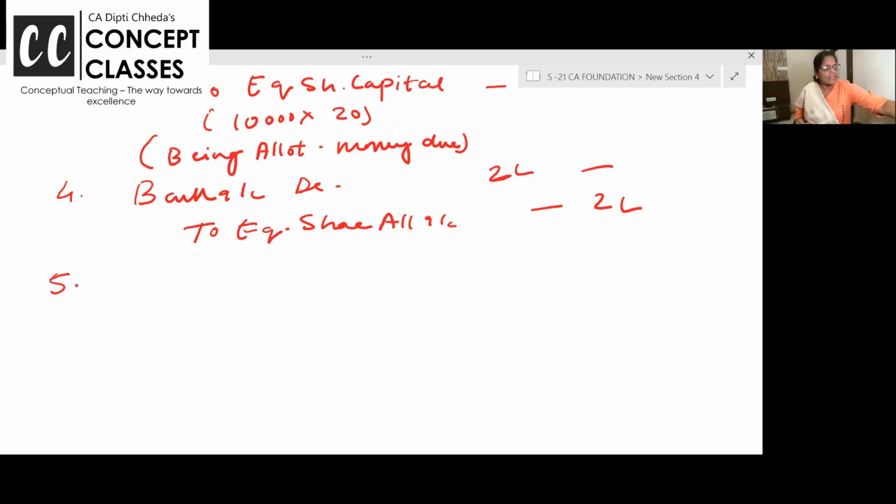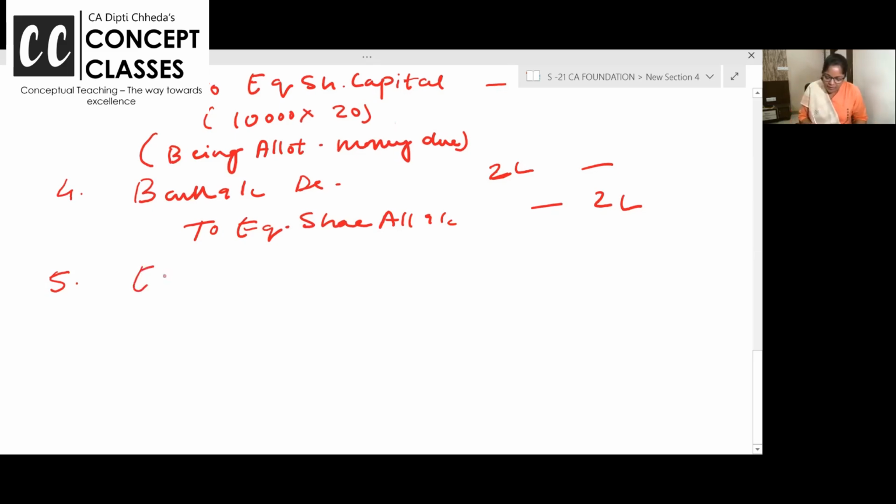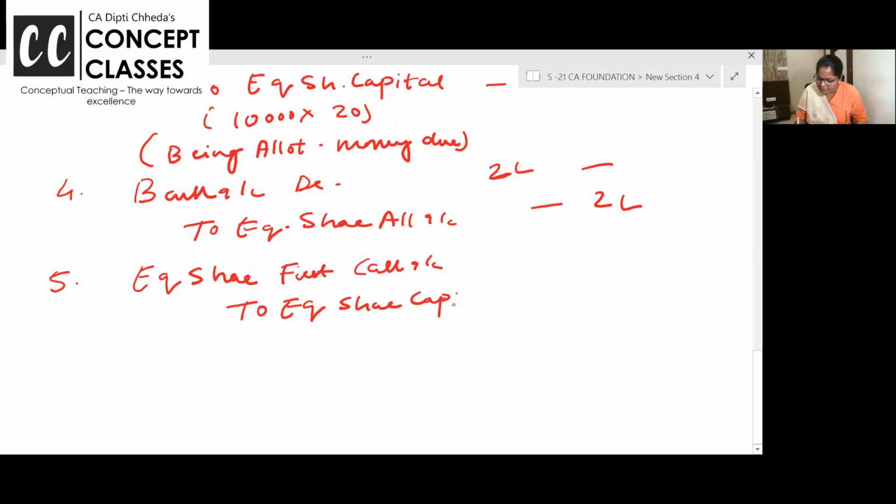Read the problem next. Now they are making the first call. How much is the first call? 15 rupees. So now equity share first call due to equity share capital.